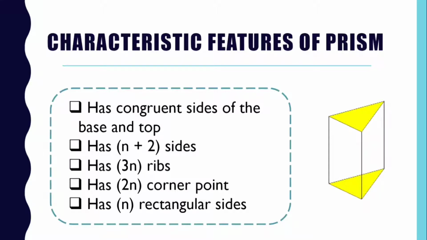For example, this is a triangular prism, so it has 3 plus 2 sides equals 5 sides, and then it has 3 times 3 ribs equals 9 ribs, and then it has 2 times 3 corner points equals 6 corner points, and then it has 3 rectangular sides.